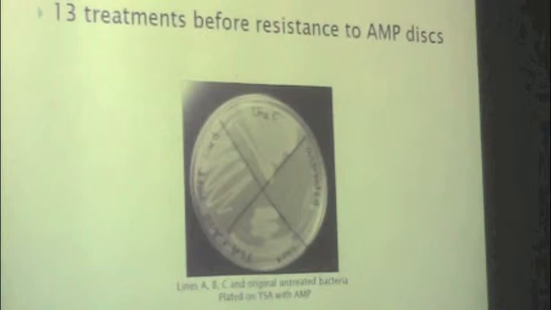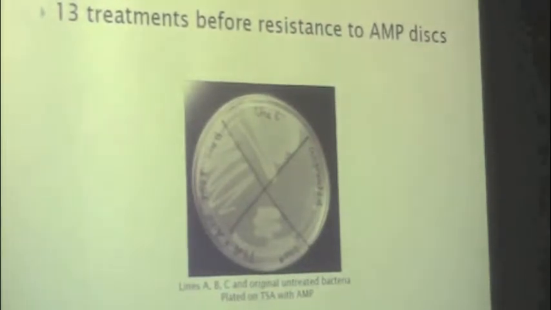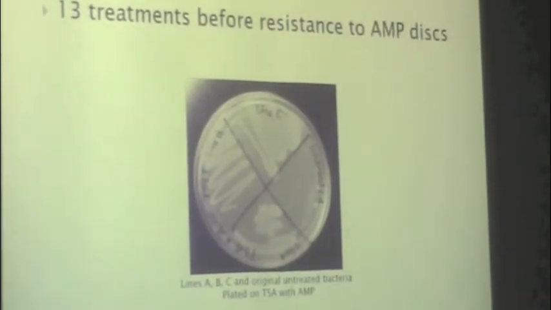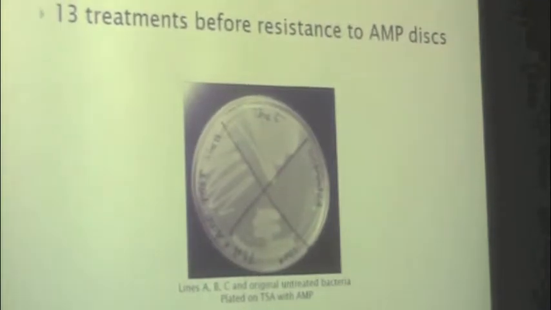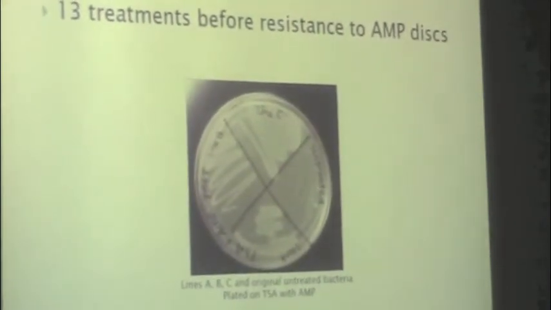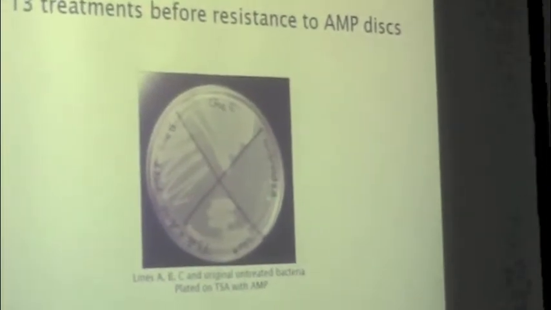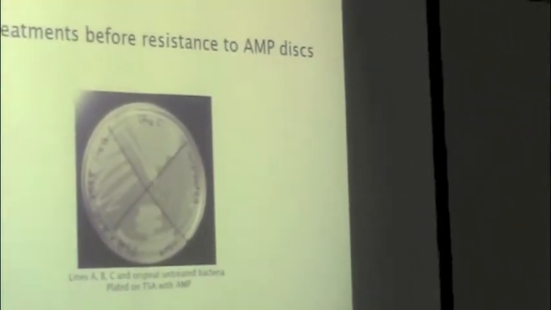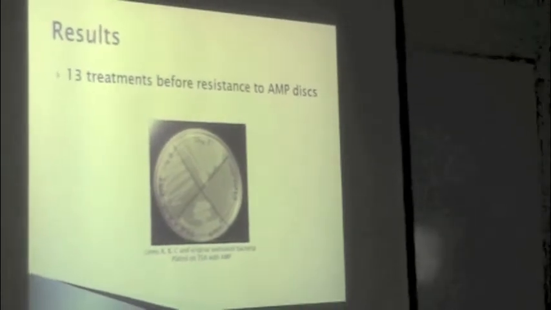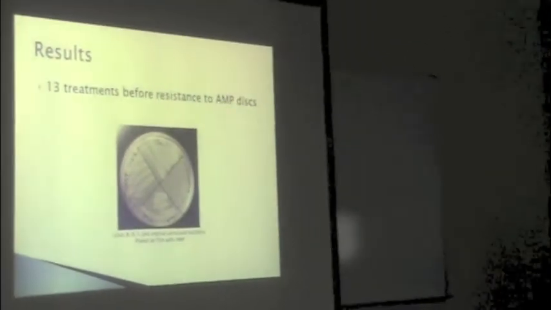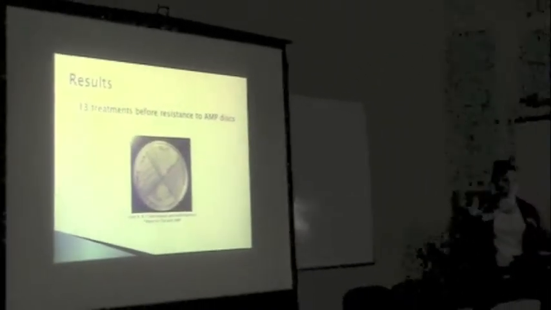So you can see all of my lines of bacteria are growing in the presence of the ampicillin on that plate. And then as a negative control, I had my original untreated bacteria. You can see that's on the right quarter, and it's not growing at all. The agar had 100 milligrams per milliliter, so if you're wondering the concentration there.